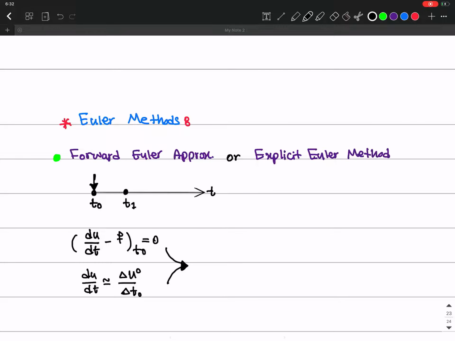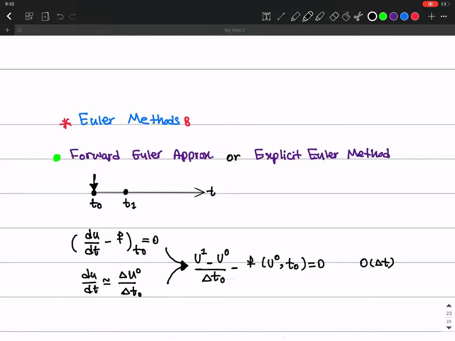So I'm going to have u^1 minus u^0 over delta t0 minus f(u^0, t0) equals 0. If you do the truncation error, you will see that this is order delta t.